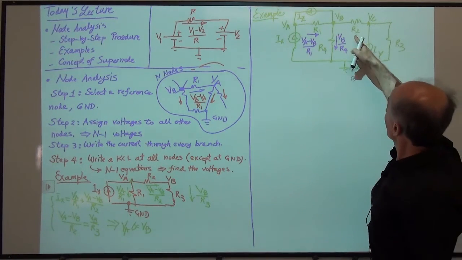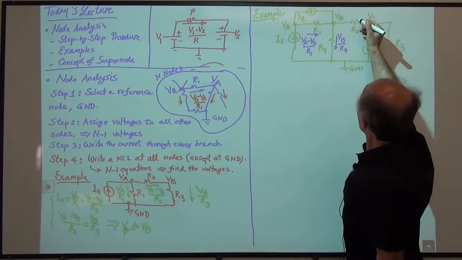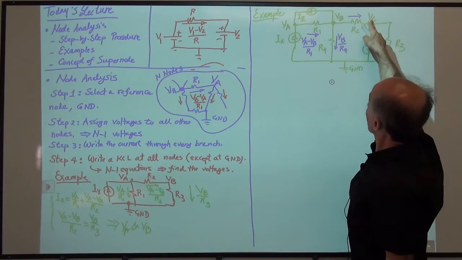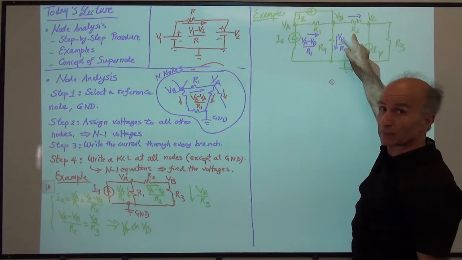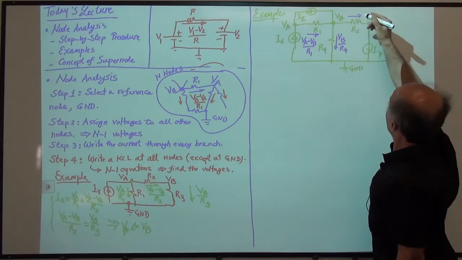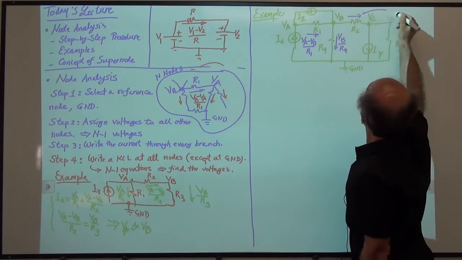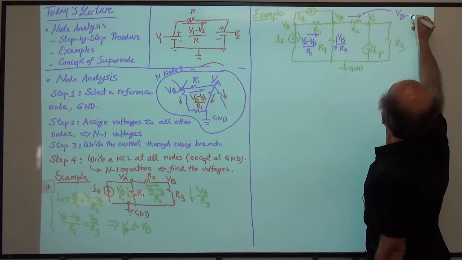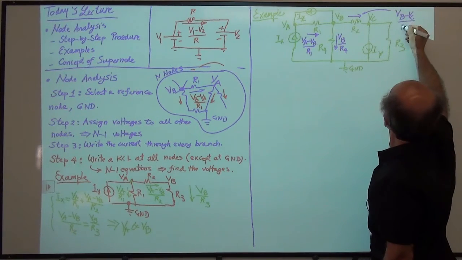Okay, how about the current through R2? Let's say going this way. That would be this voltage minus this voltage divided by the resistor, right? Voltage on the left minus voltage on the right divided by the resistor. I don't have room here, so I will write that over here: VB minus VC over R2.